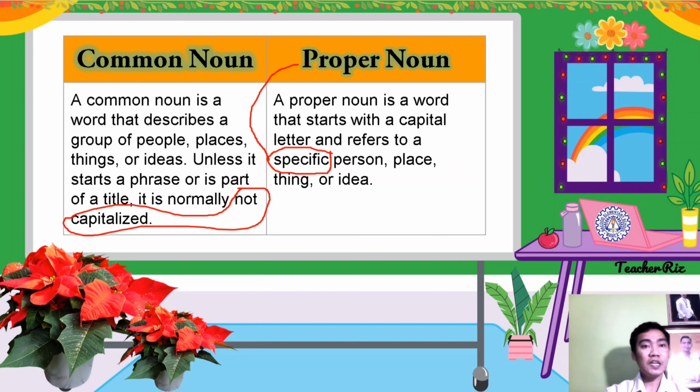Unlike a common noun, which is not capitalized, in a proper noun your clue is that the first letter of the word is capitalized. So remember this one: common noun, not capitalized, and proper noun is capitalized.